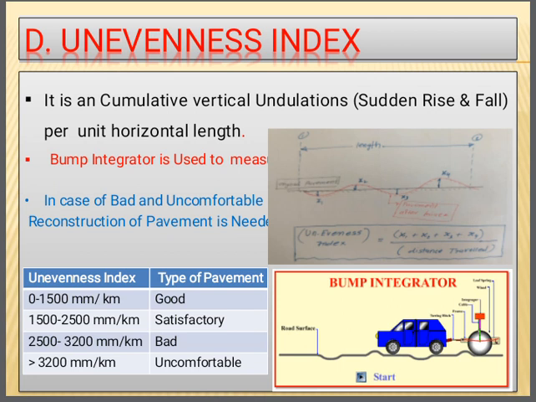This is the rise or fall over the road surface. This is the concept of unevenness. Unevenness index is nothing but the cumulative vertical undulation per unit horizontal length, meaning there is rise or fall with respect to horizontal.